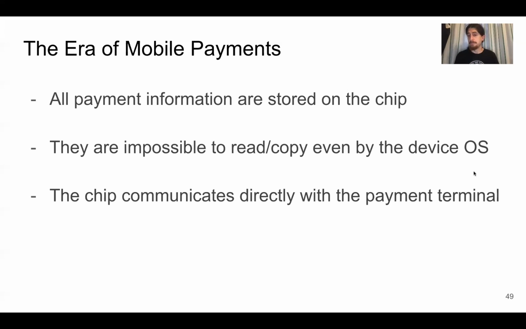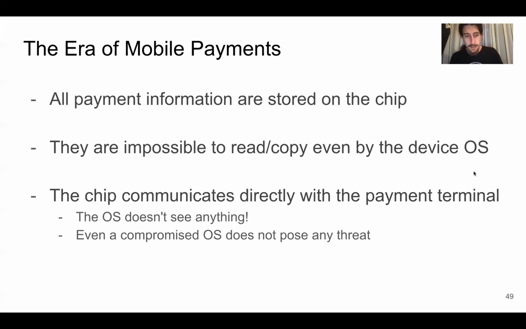So there is some kind of a secure channel between the terminal and the secure element on your phone. And it's very powerful, so that even if you compromise the operating system, you cannot read anything sensitive out of it. So again, in this case, the operating system really doesn't see anything. And if you compromise the OS, there is no problem.